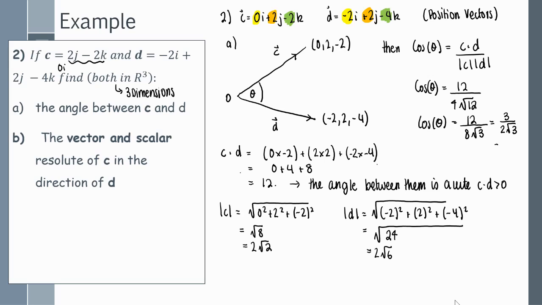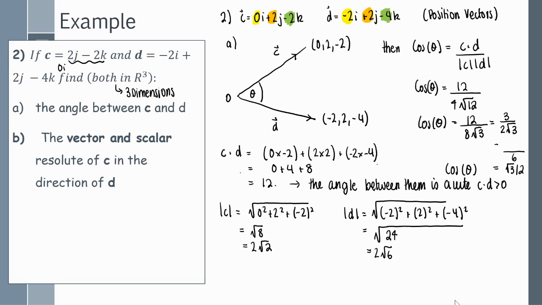If you rationalize the denominator and simplify it as much as you can, we'll end up with cos theta equal to 3 root 3 over 6, or just root 3 over 2. And we know what cos theta root 3 over 2 is.